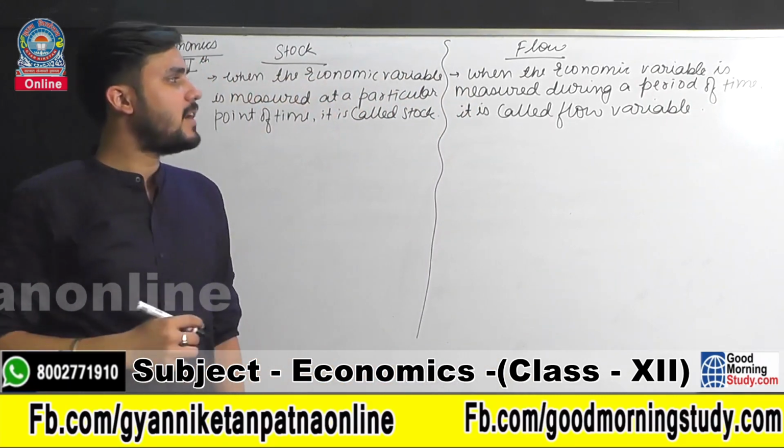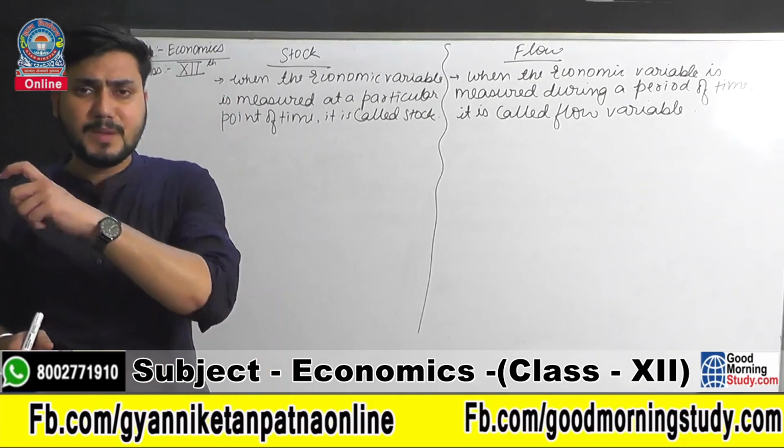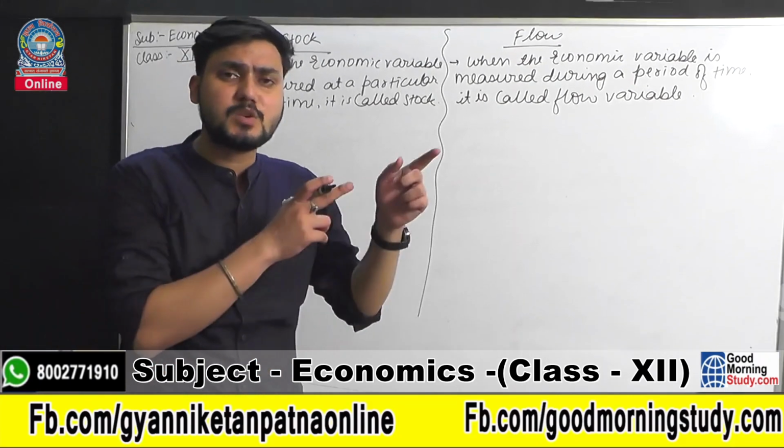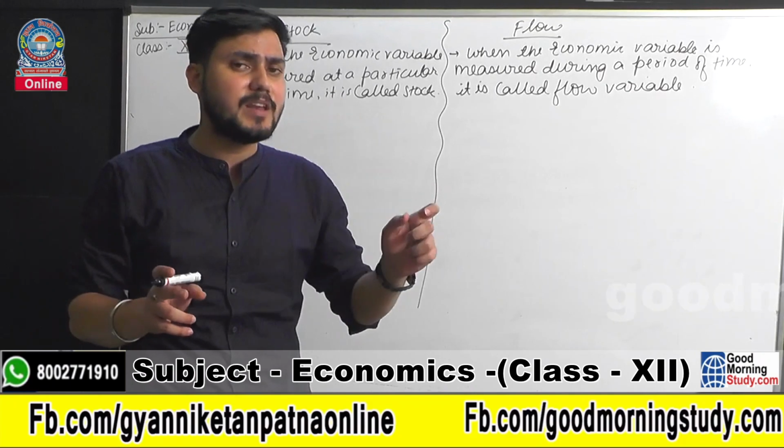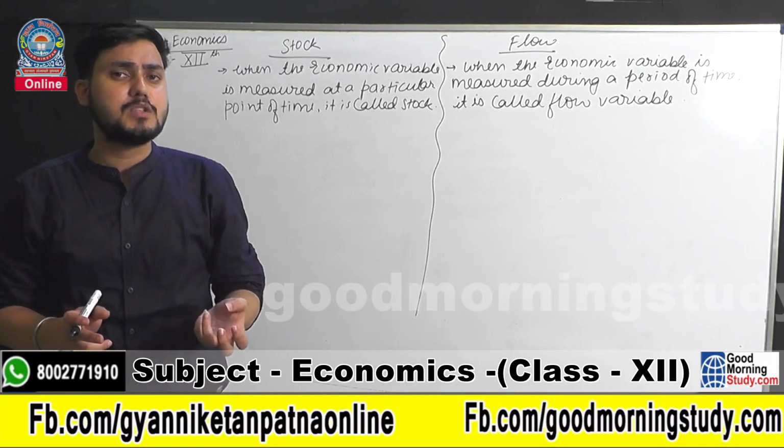If the measurement takes place during a period, then that is a flow variable. And if the measurement takes place at a point of time, it is called a stock variable.